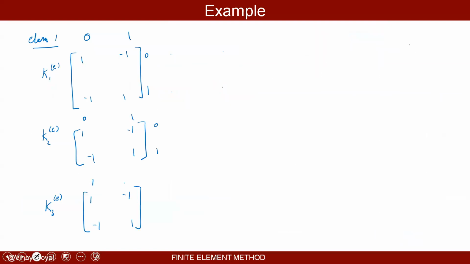And for the third element, we have 1, 2 rows, 1, 2 columns. So now we go to the global matrix, and we only look for the combinations related with the active nodes.